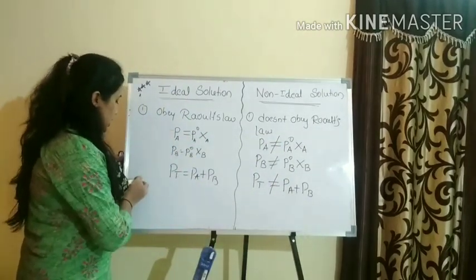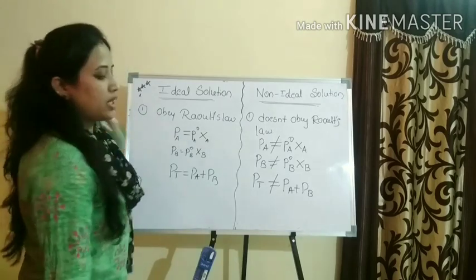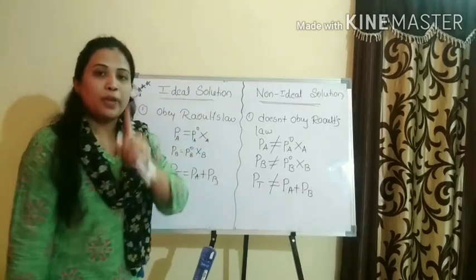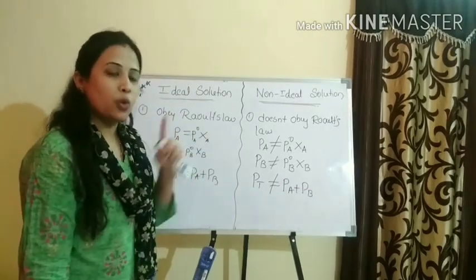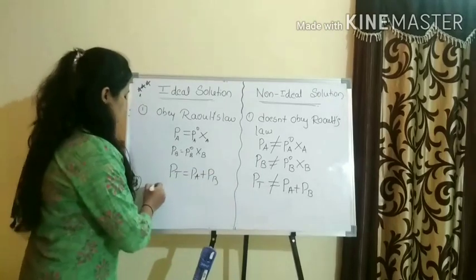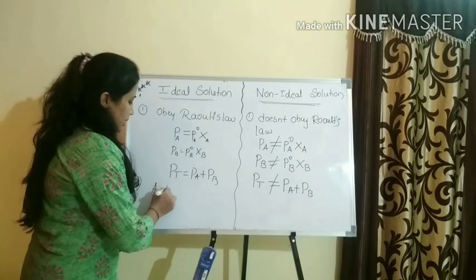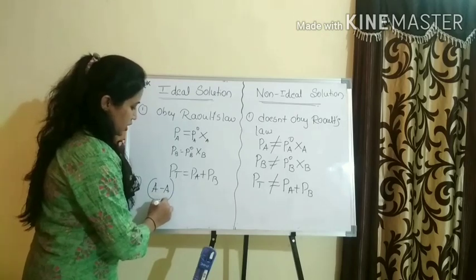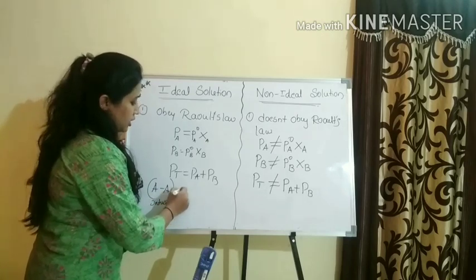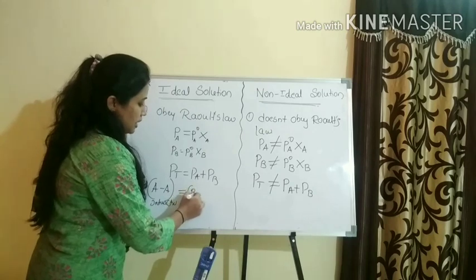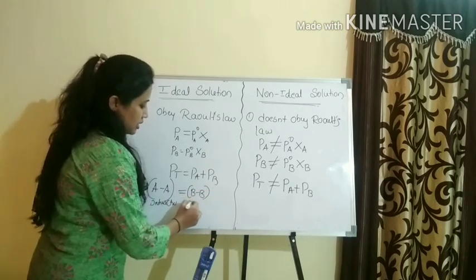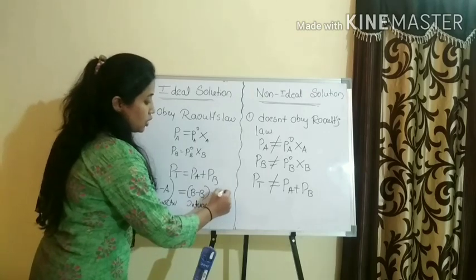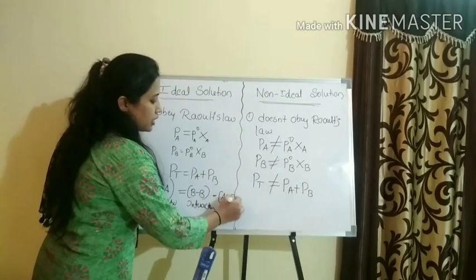The next one, as I told: if the solution obeys Raoult's law, then the AA interaction should be equal to the BB interaction, which is equal to the AB interaction.